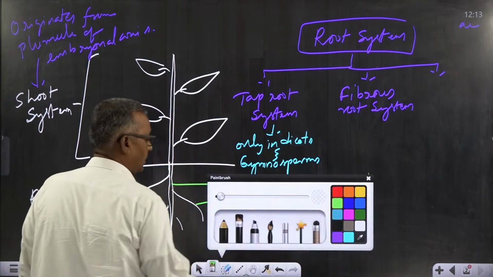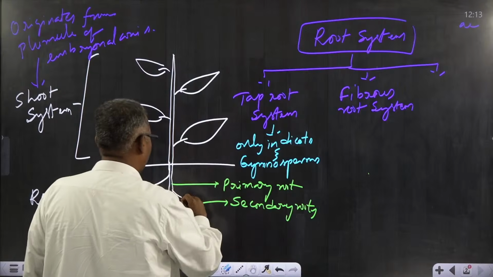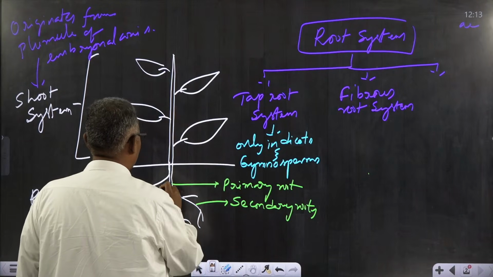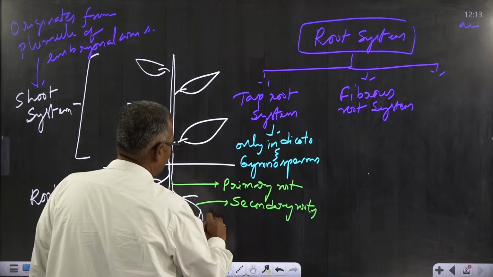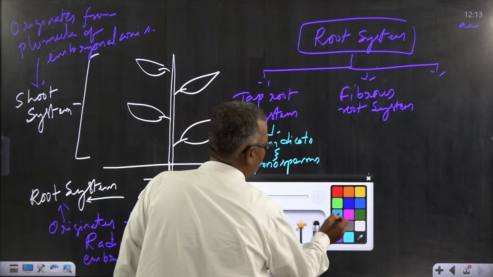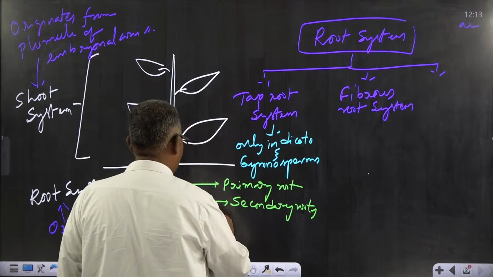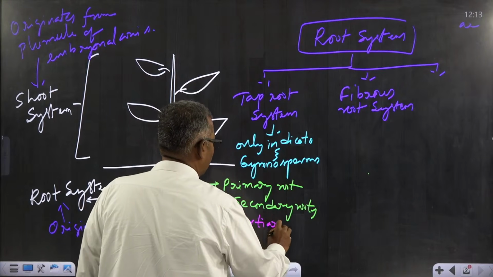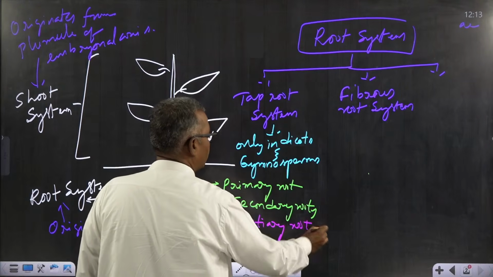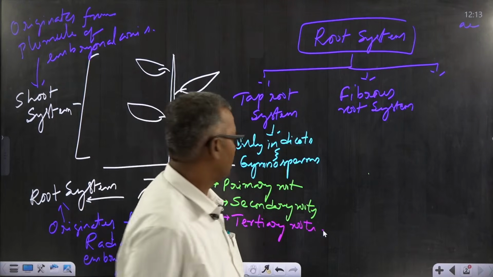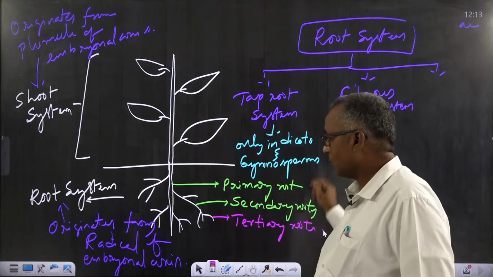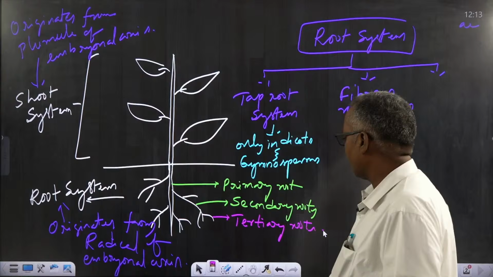These secondary roots again form branches, which are called tertiary roots. So the radicle becomes the primary root, the main root.